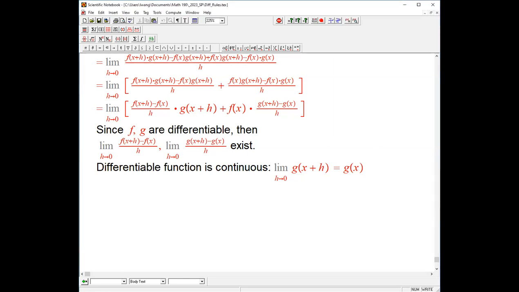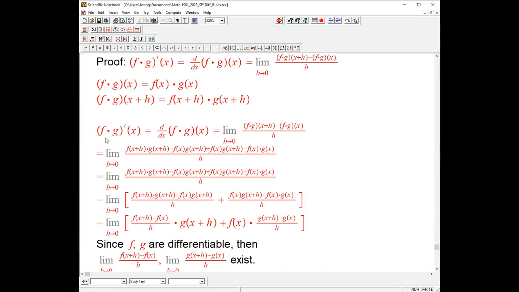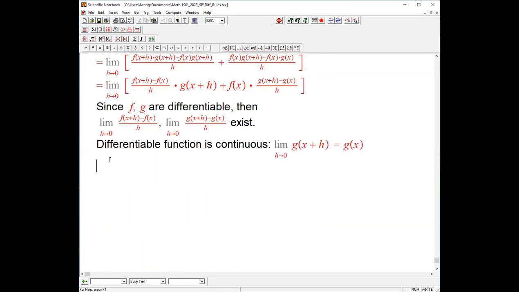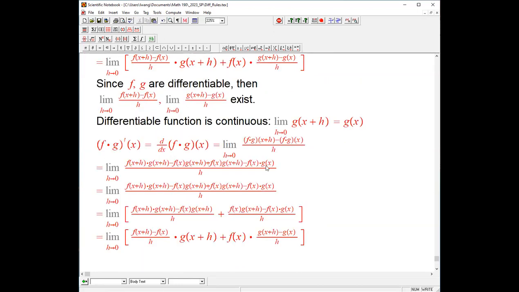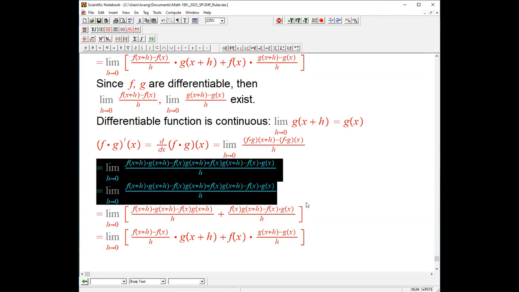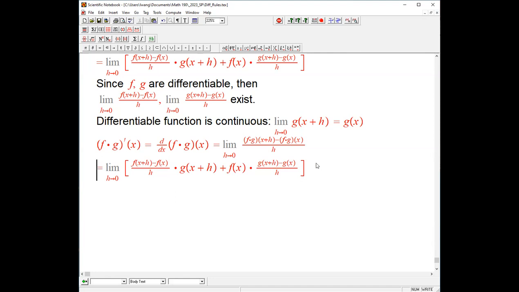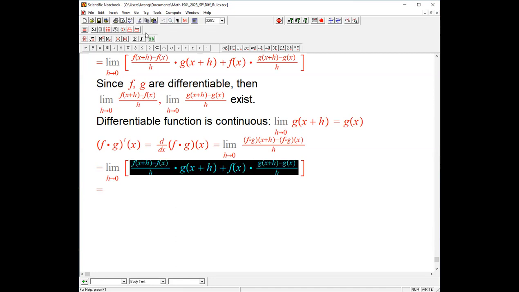So now we can go back here and apply these individual limits. Of course, by this time, we can just remove these. So let me show you how we apply that step.